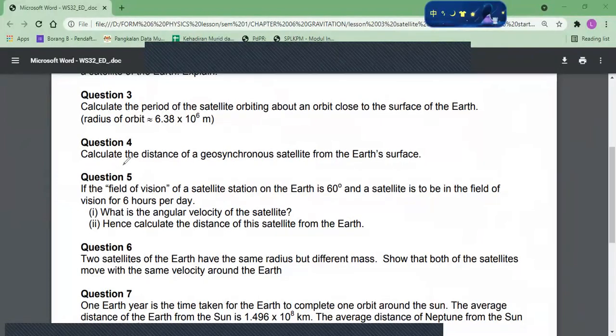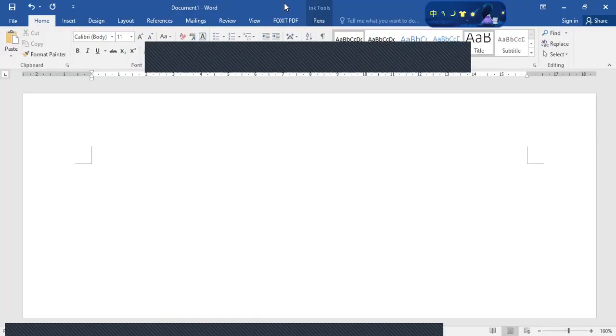Calculate the distance of the geosynchronous satellite, that means geostationary satellite, from the Earth's surface. So let's go through it.